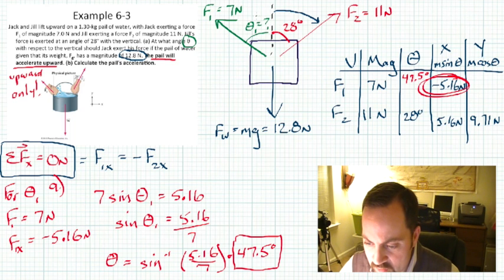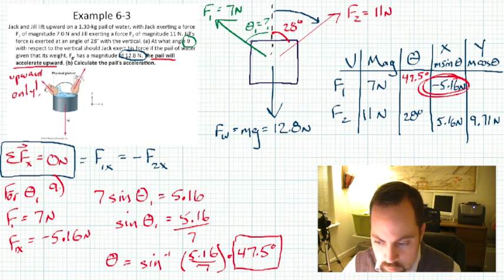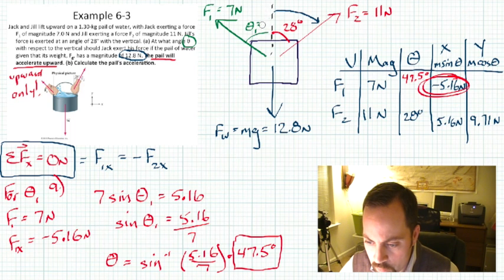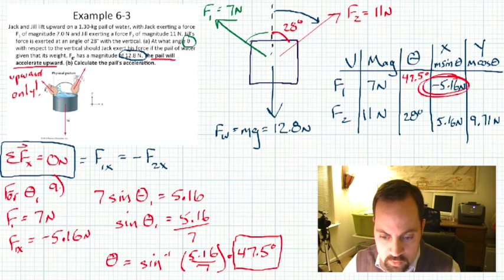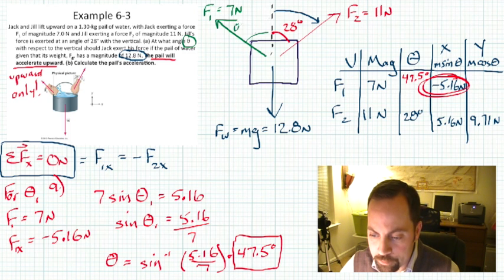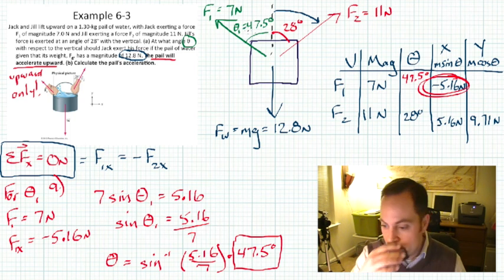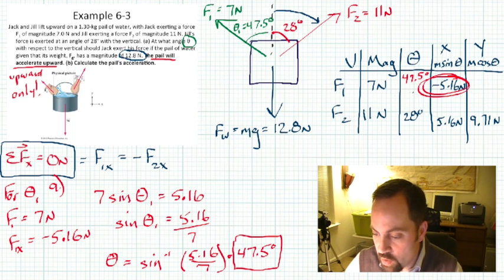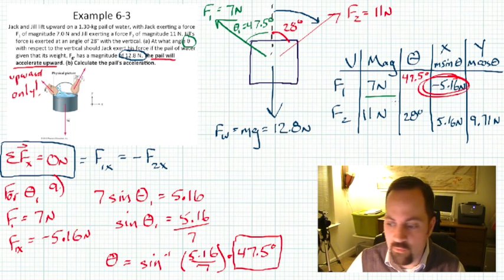Theta now, I'm going to erase that question mark there. Theta 1 is 47.5 degrees right there.